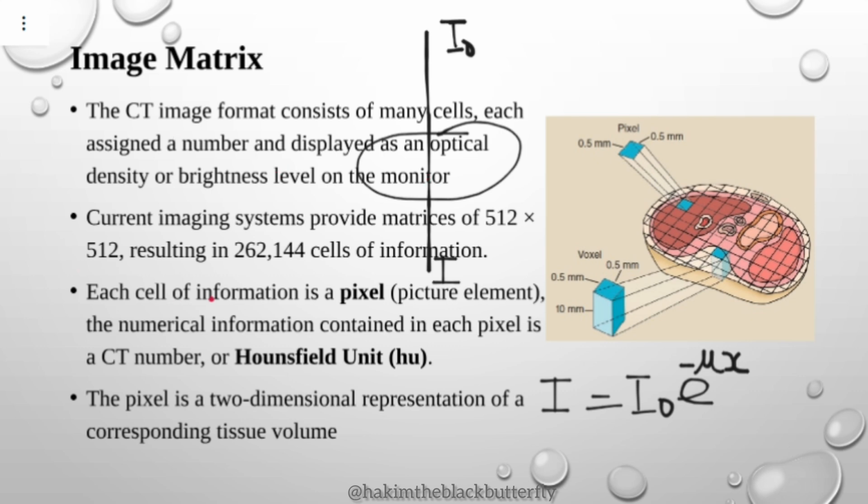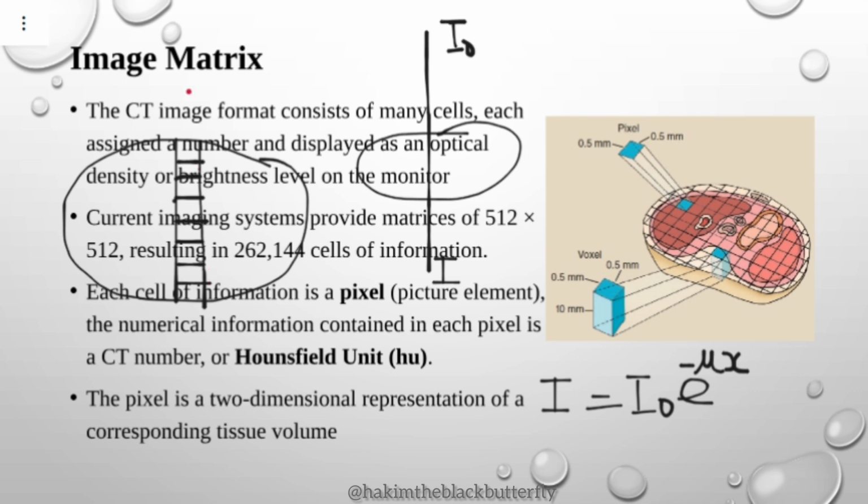So if I am to exaggerate it more, I'm going to draw a single line of pixels where this ray is passing.